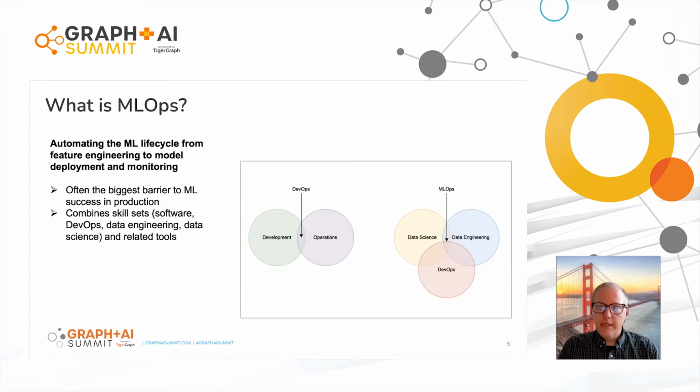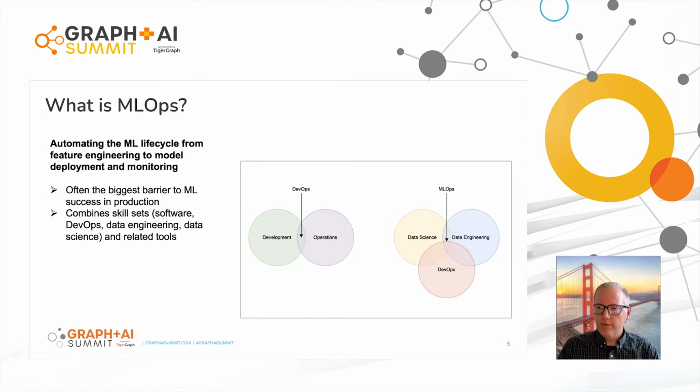And then we have data scientists. Each of these three groups of folks have their own preferred tools and ways of working. And one of the big problems that we've seen with machine learning projects not making it into production, or at least not making it into production as quickly as we'd like, is this lack of efficient ways of working between these three groups of people.